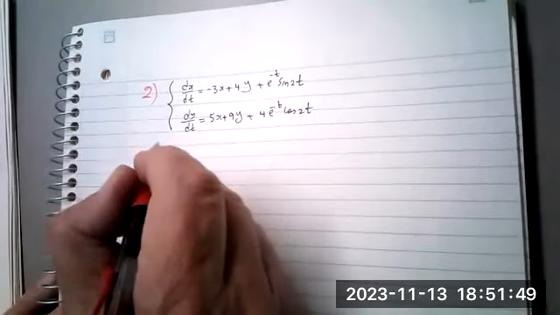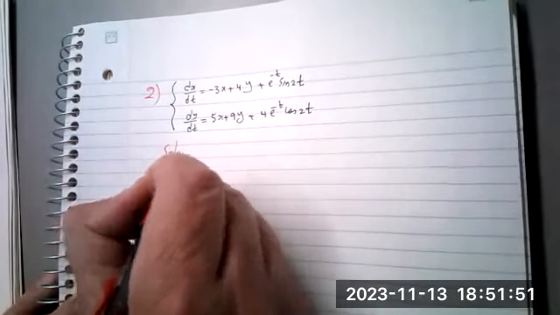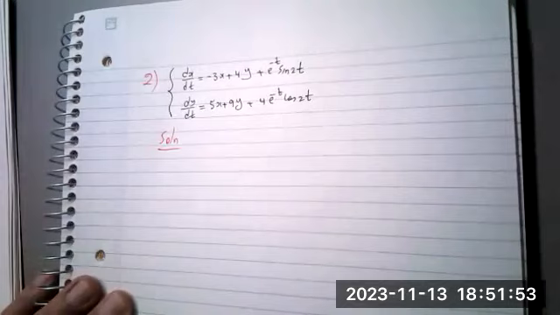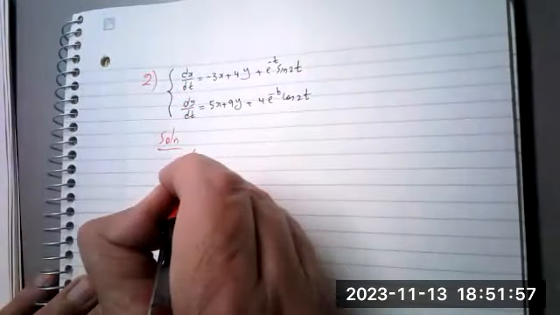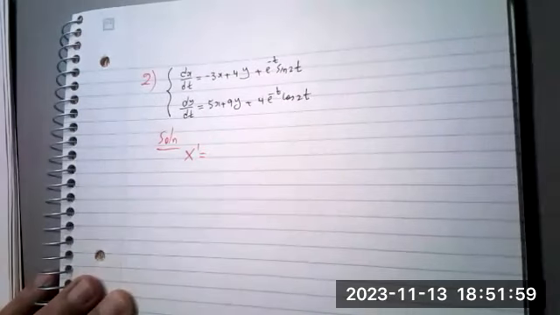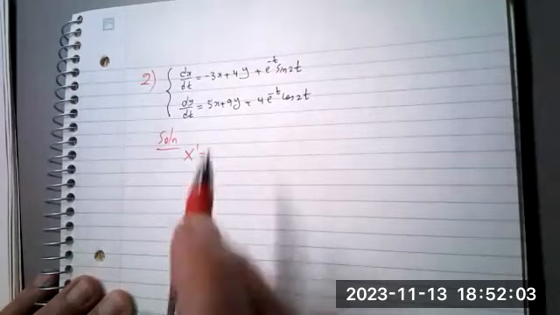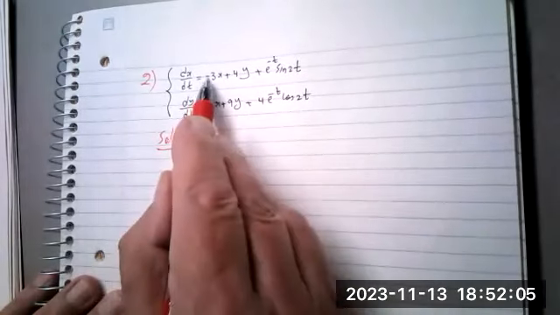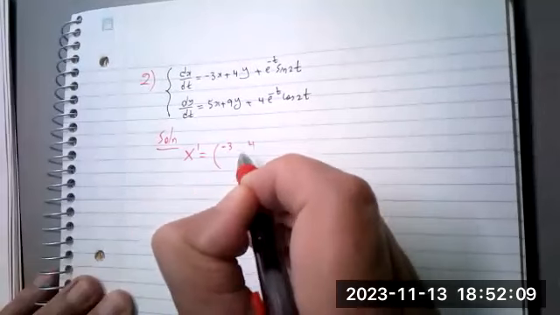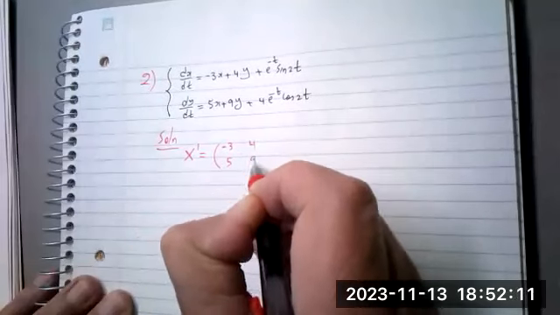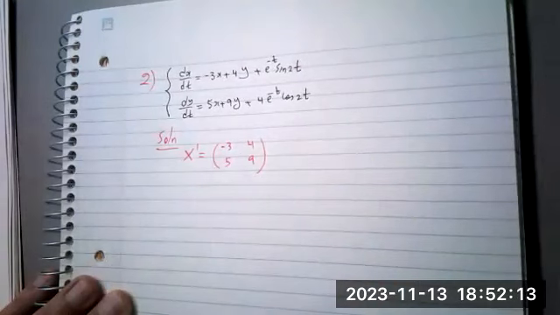So quickly, if you want to change it to matrix form, these two would be changed into x prime equal to the matrix of coefficients, -3, 4, 5, 9. This is the matrix of coefficients.